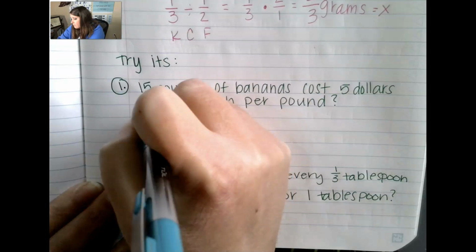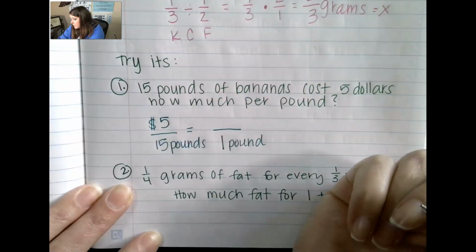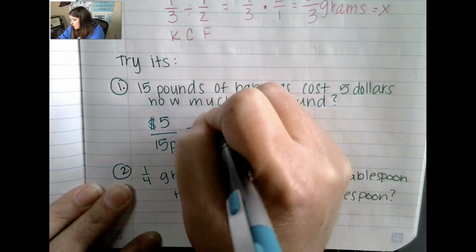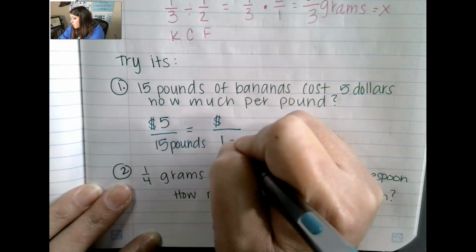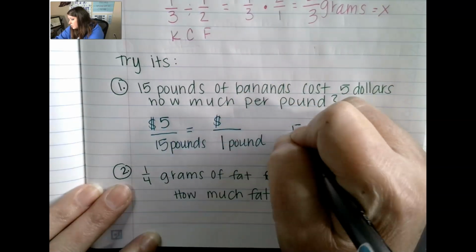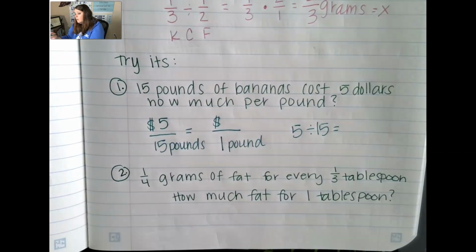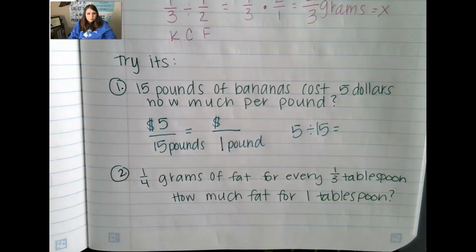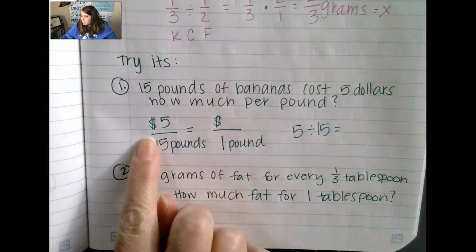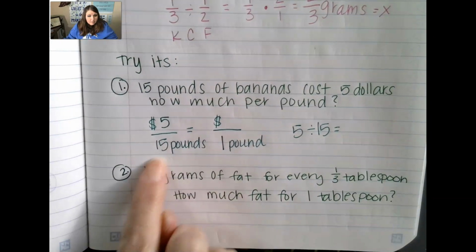I have $5 on the top. That's the cost. So how much for 1 pound? So I'm going to do 5 divided by 15. Remember, this line means divided by 15.